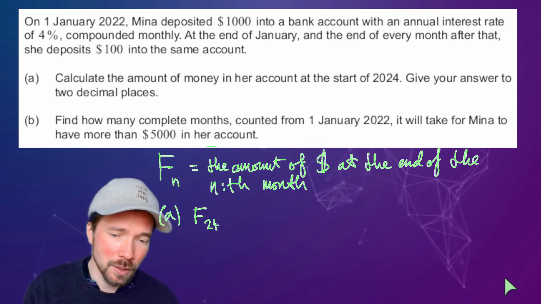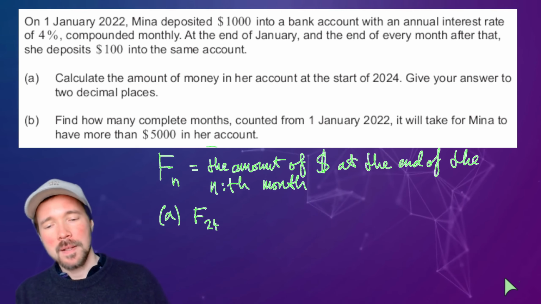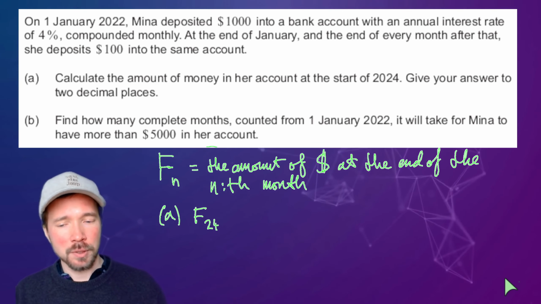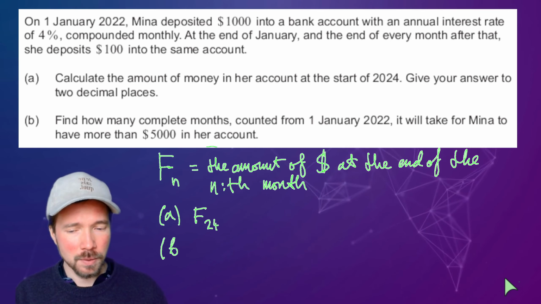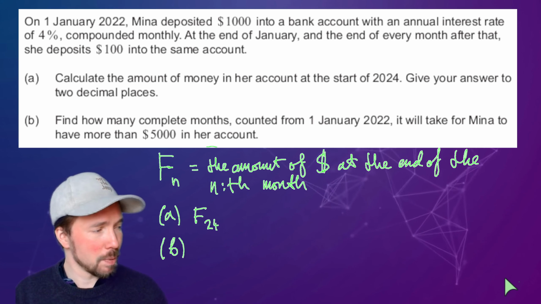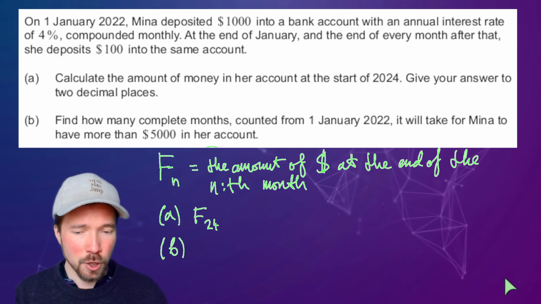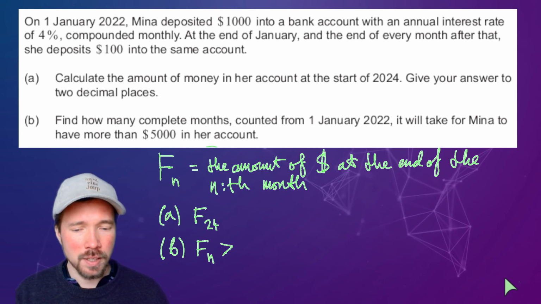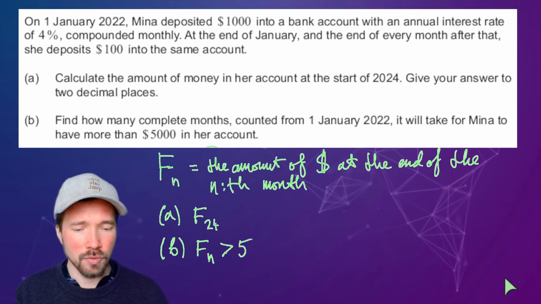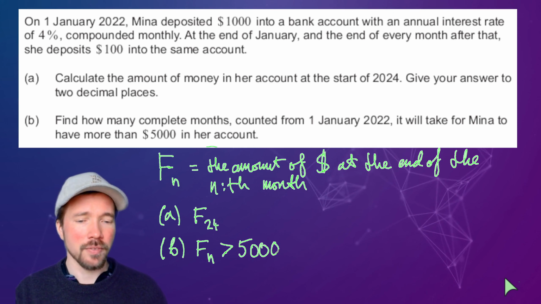Some of them will probably end up looking nicer in the solutions, but we'll see. Then B will be solved by solving the inequality, which asks when this formula is going to be bigger than 5,000.